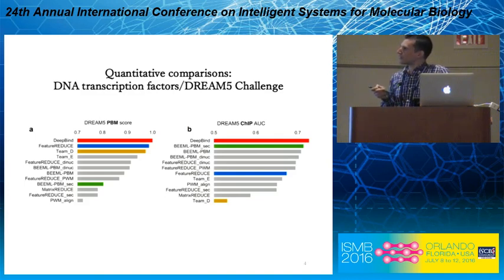But then what made DeepBind stand out was that if you took the model that was trained on in vitro microarray data and applied it to the in vivo ChIP-seq data, DeepBind still outperformed all the other models. And in fact, if you look at the two runners-up on the microarray data, these two models do considerably worse when you apply them outside of their domain on in vivo ChIP-seq data.